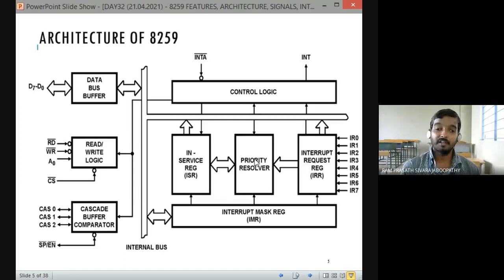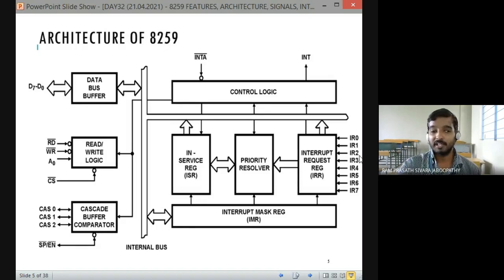We can have an example for this in later slides. Suppose multiple interrupts are occurring. Based upon the condition of IRR, IMR and ISR, the priority resolver is going to generate an interrupt. For that we have a control logic box. This block is going to generate the interrupt, representing that there is an interrupt request for this 8259.